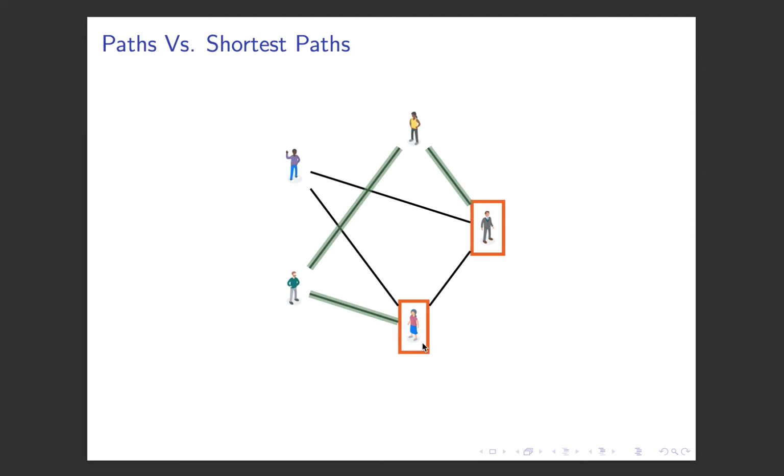This is a path, but it's not a shortest path because we could have gotten from our first node to our second node in a far quicker manner using only one edge by just going there directly. So the difference between just a regular path and a shortest path is a shortest path will use the fewest number of edges possible. So in this particular case, for this particular pair of nodes, there's only one shortest path, and its length is equal to 1. Its length is simply the number of edges that we use in that path.